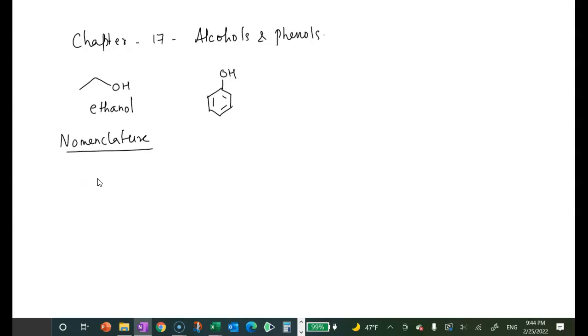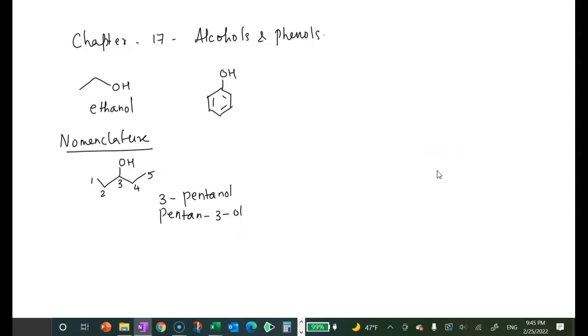For example, if you have a structure like this, you can start numbering from either side in this case, because it will give you number 3 to the functional group. So this compound will be named 3-pentanol. Another way of naming this would be pentan-3-ol.